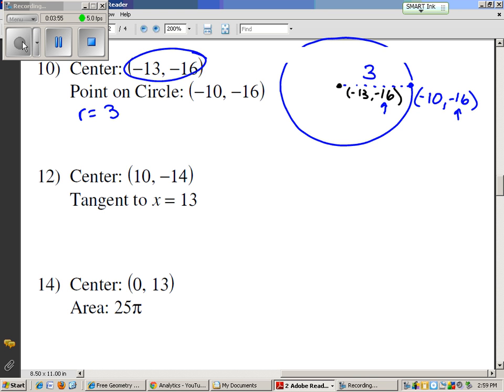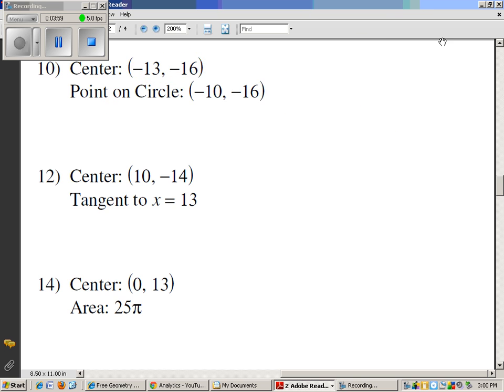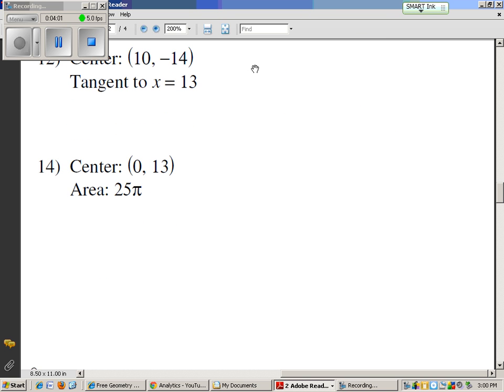Number 12, the center is at 10, negative 14. So if the center is at 10, negative 14, and it's tangent to x equals 13, we need to ask, what is this equation x equals 13 going to look like?